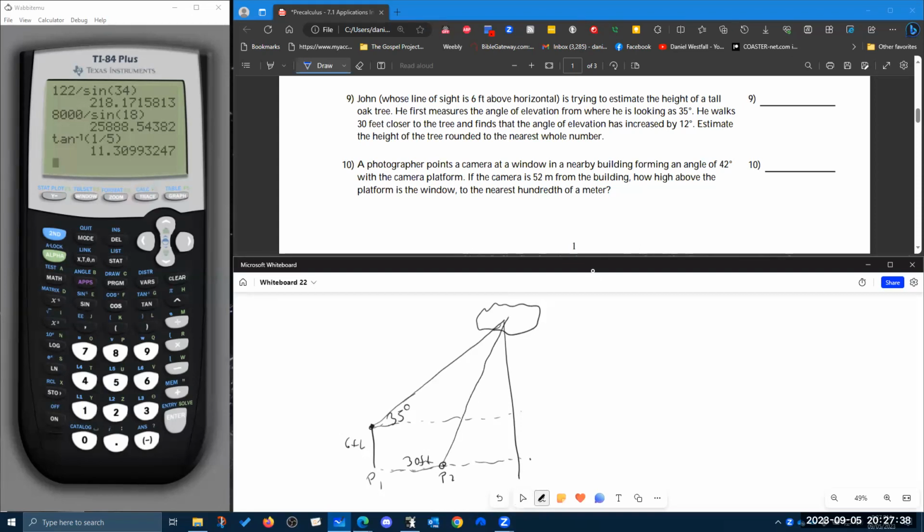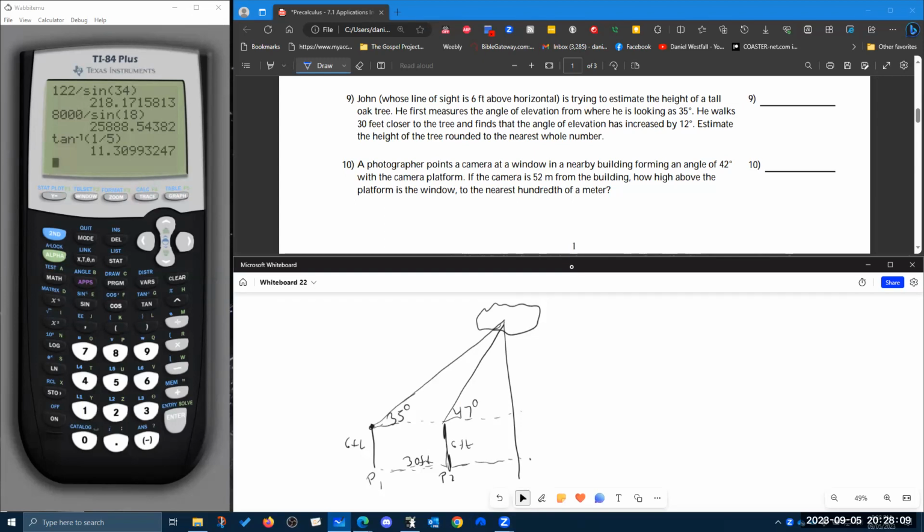There we go. That's pretty good. And the angle has increased by 12 degrees. Position 2, he's still here. And so it's increased by 12 degrees, making this 47 degrees. He's still 6 feet tall when he's there. Estimate the height of the tree rounded to the nearest whole number.